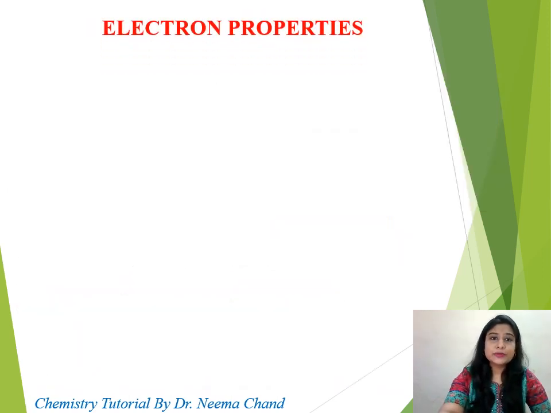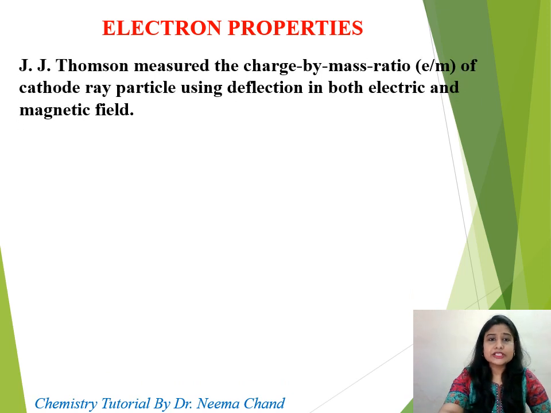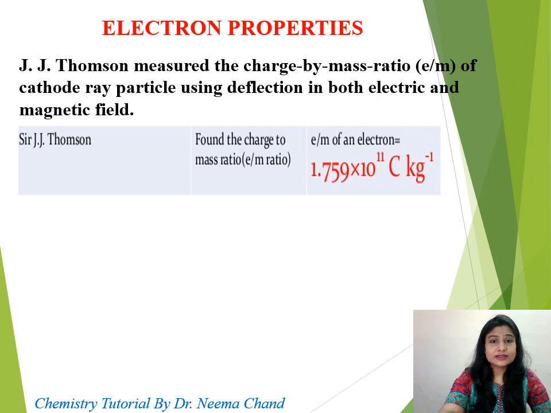Now, some of the other properties of electrons that were later studied by other scientists along with J.J. Thomson were: first, J.J. Thomson only measured the charge by mass ratio of cathode rays, and that came to around 1.75 into 10 to the power 11 coulomb per kilogram.